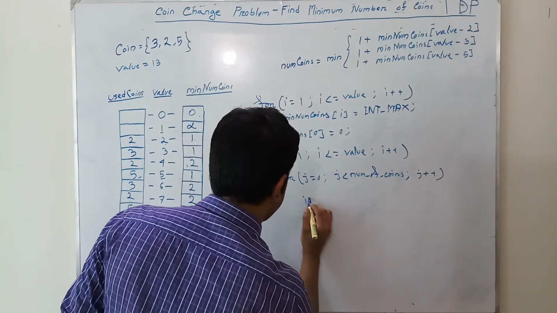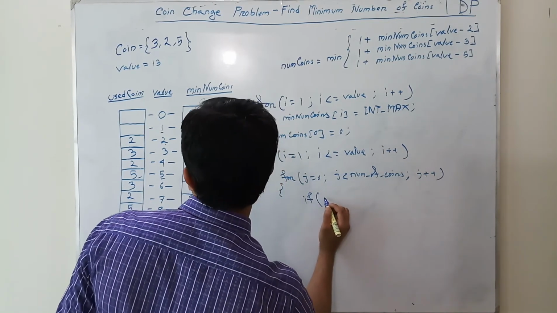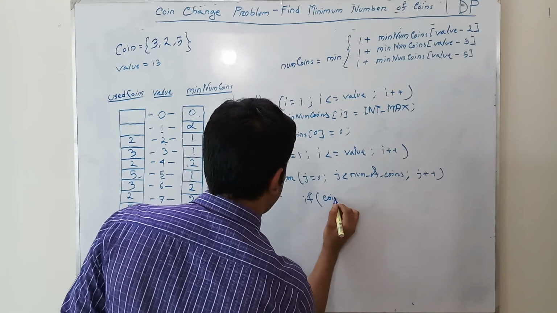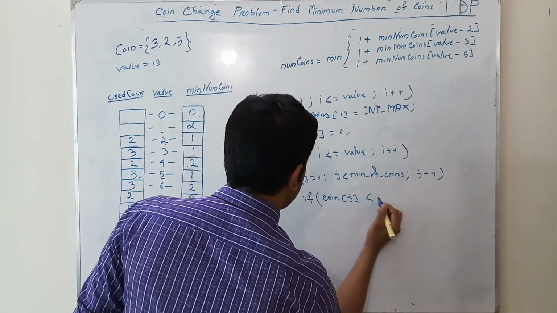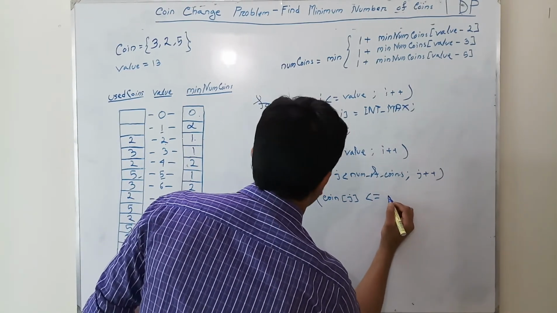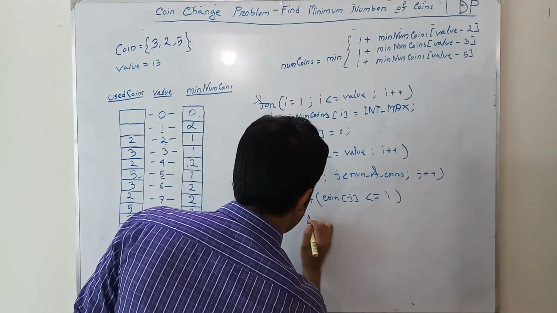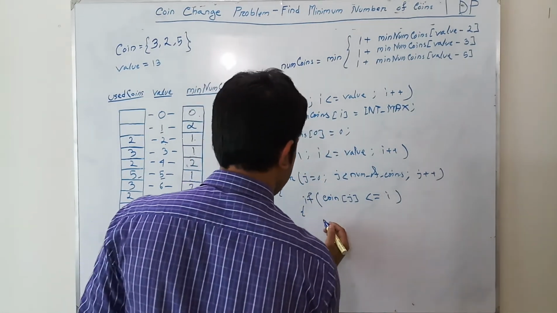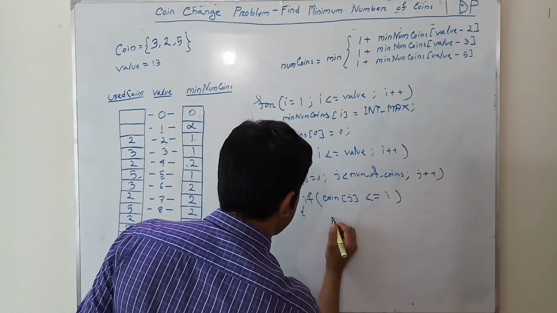If the denomination of the coin, that is coin of j, is less than or equal to the value, that is I, then we will make a temp result.